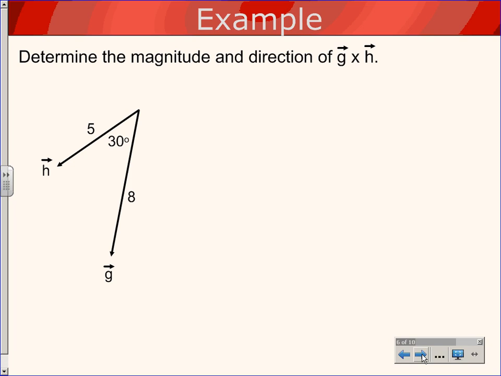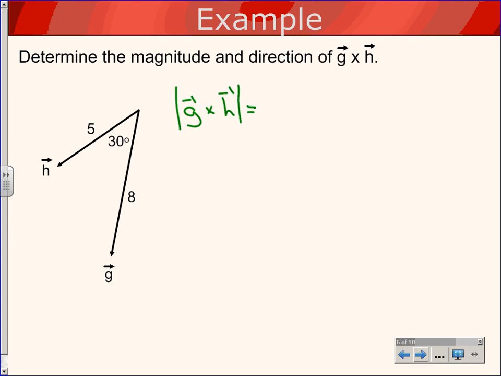So let's try this one. This isn't a really hard calculation to do. It says determine the magnitude and direction of G cross H. So first thing I'm going to do, I'm going to calculate the magnitude of it. And really we're going to describe this then in two ways.